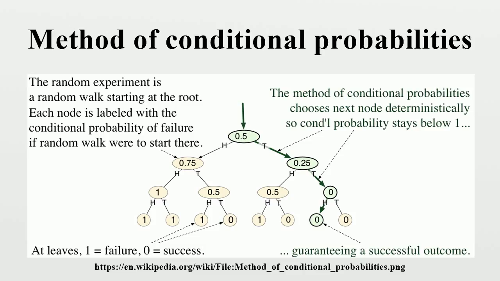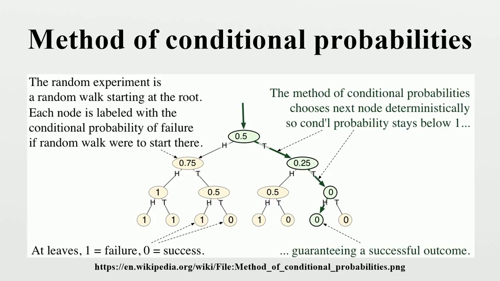The invariant holds initially, because the original proof showed that the probability of failure is less than 1. The conditional probability at any interior node is the average of the conditional probabilities of its children. The latter property is important because it implies that any interior node whose conditional probability is less than 1 has at least one child whose conditional probability is less than 1.